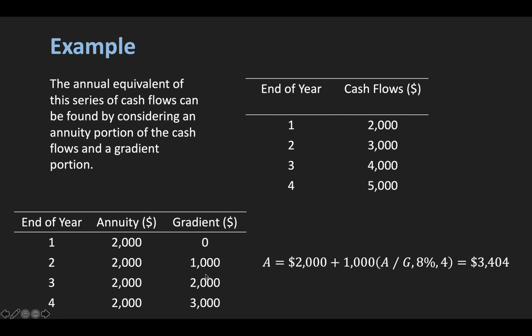Year 3 is 2,000, increase by 1,000. Year 4 is 3,000, increase by 1,000 as well, right? So the increase is constant, right? Then in this case, for each year, the cash flow is $2,000. This part is $2,000, right? Plus, we know G, we know I, we know N.